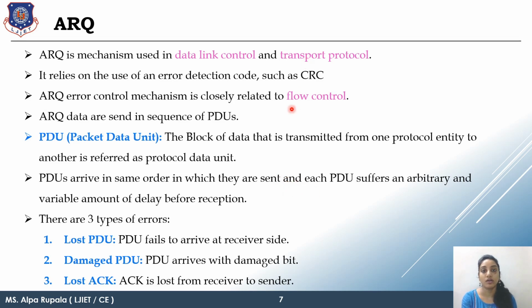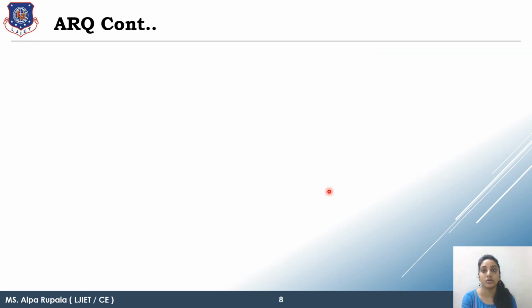There is a sender and a receiver. When the sender sends some data, the receiver must acknowledge that it has received the data. So this particular acknowledgement can also be lost. Here, for the whole flow control mechanism, we are using ARQ.